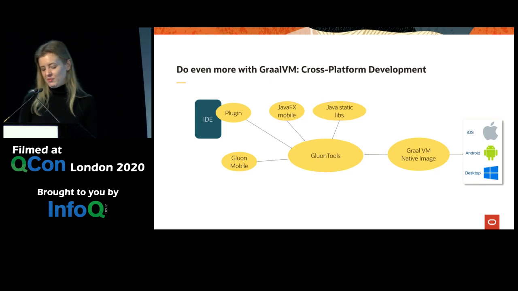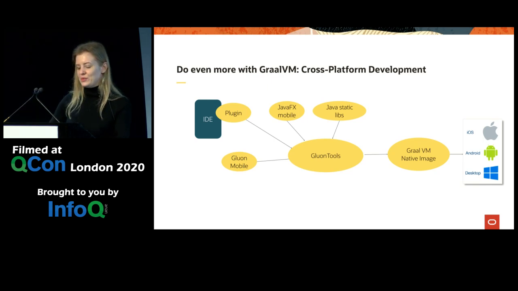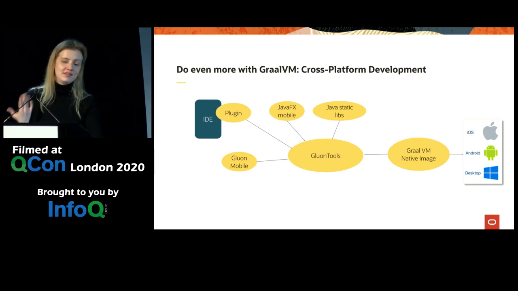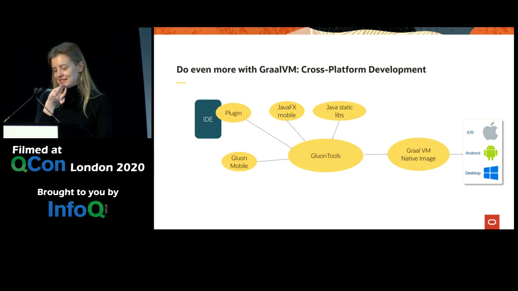So once again, talking about fantastic stuff, we are working with this team called Gluon. So you can write your application in Java and run it on devices like iOS and things like that. And why this is interesting, the way I understand it, is that on iOS you cannot really dynamically execute code.